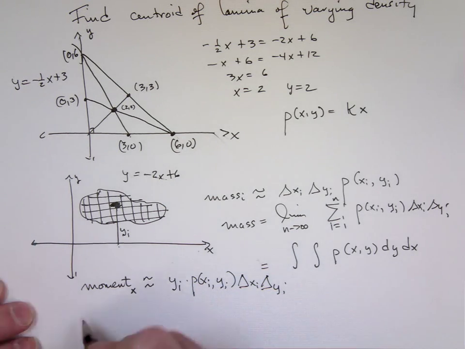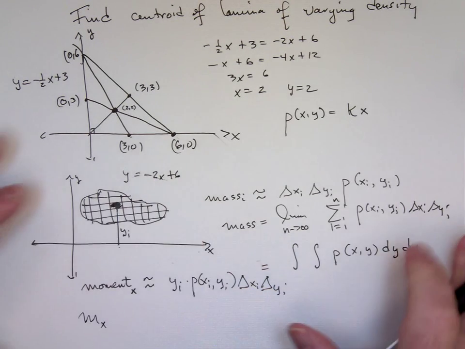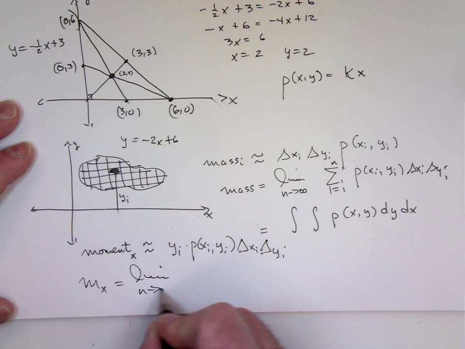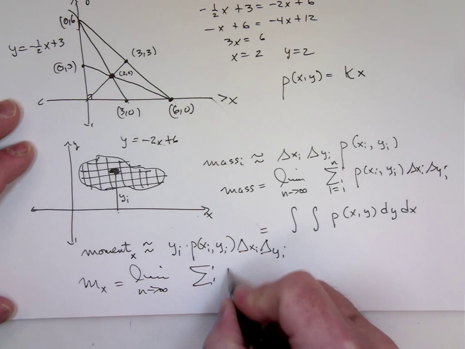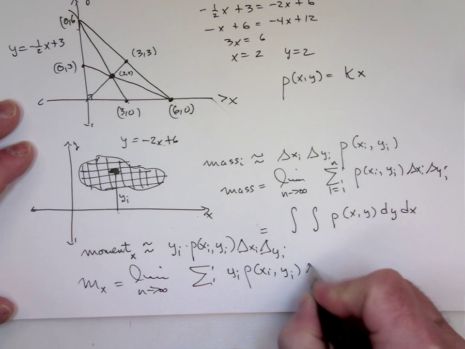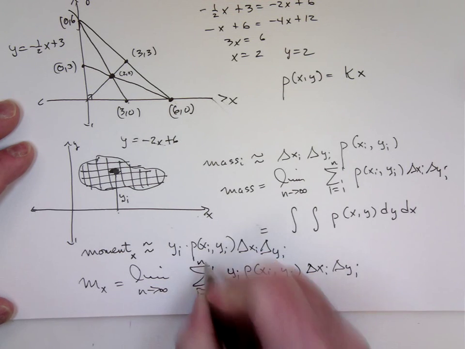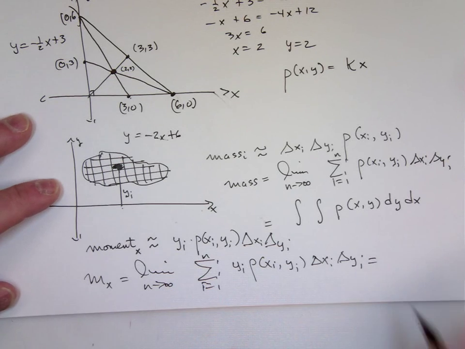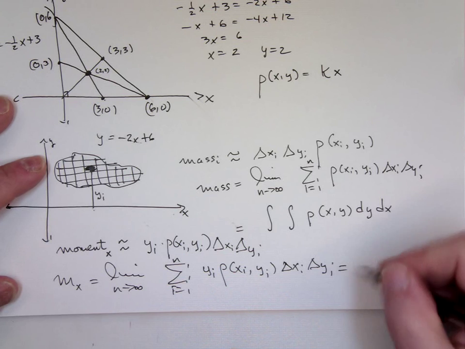What's the total moment from the x-axis generated by our region? It's the limit, as n goes to infinity, of the sum of all such moments. Okay? That's what it is. It's a Riemann sum in x and y. Again, how do you evaluate it?